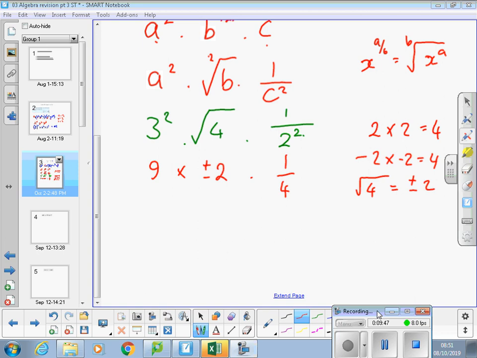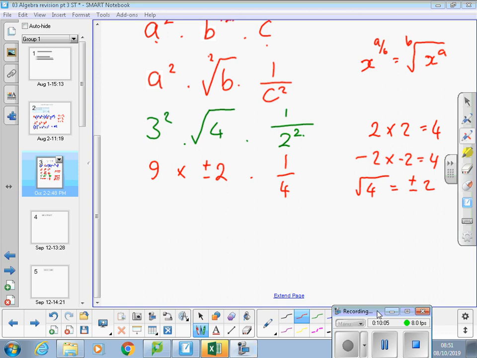What is the answer? 9 times plus 2 is 18.